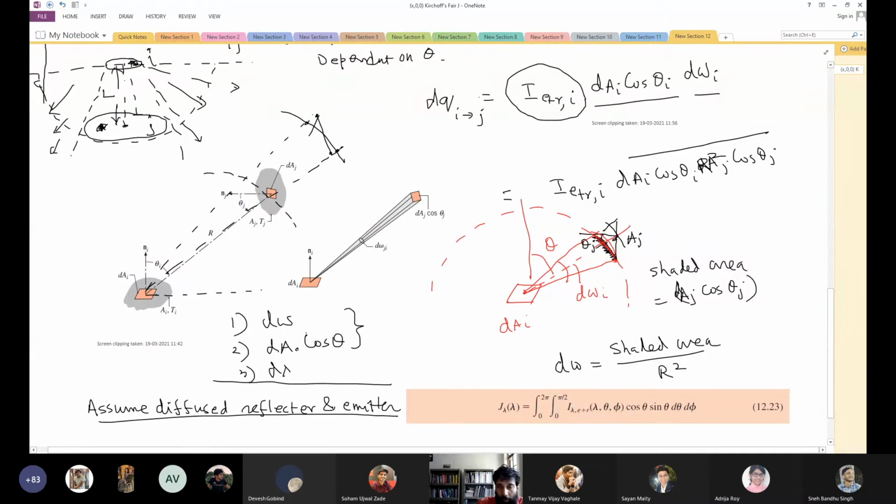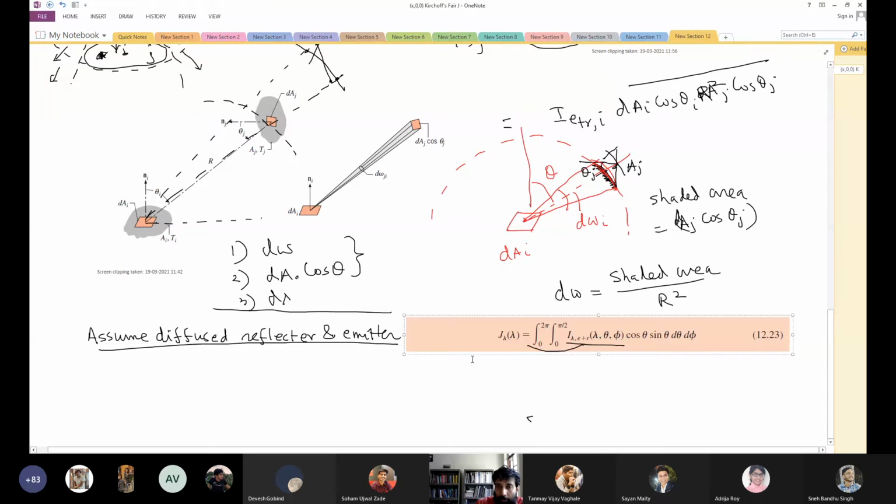Diffuse reflector or emitter means that this radiosity intensity can come out of the integral, which gives us the simplification that I_lambda,e+r equals J_lambda divided by pi. I think part of this I have shown.